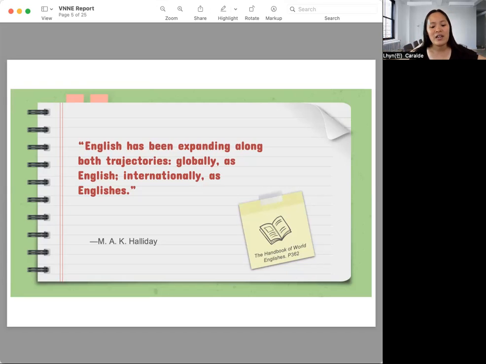We share the new words that we have with other countries, and those countries also learn from us. From the global side, English is the global language, and internationally it is Englishes. The new words that belong to this are what we consider Englishes words.